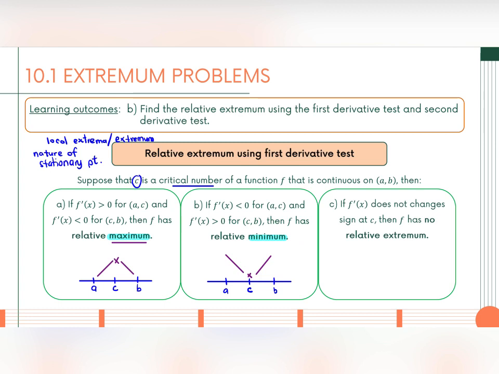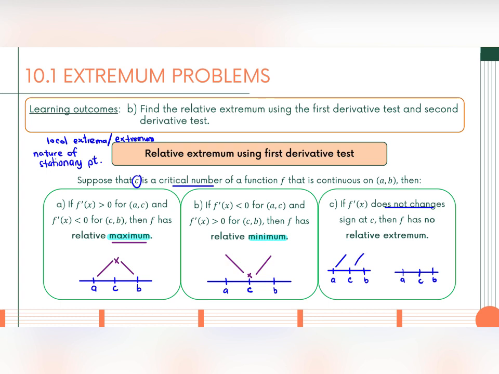Okay. Now, kalau F prime X kita does not change the signs at C. Contoh dia macam mana? Saya letak dua contoh kat sini. So, ini yang pertama, ini yang kedua. So, let's say kita ada A, kita ada C dan kita ada B. Apa maksud does not change sign? So, contohlah kalau kita dah menaik antara AC, dekat CB pun kita menaik.